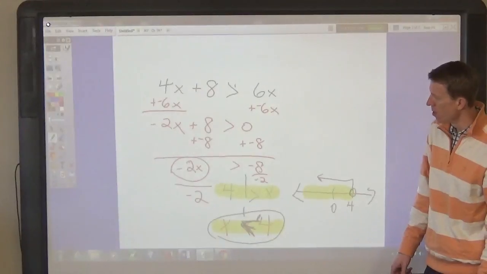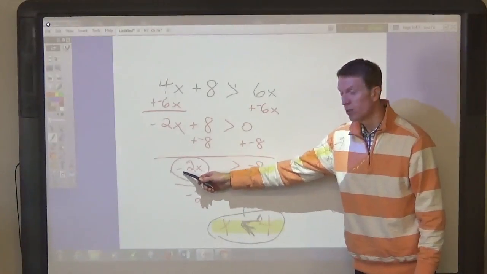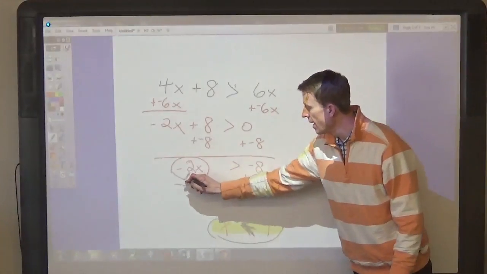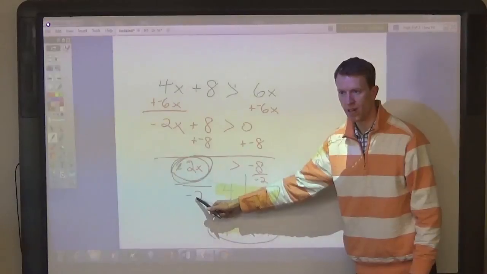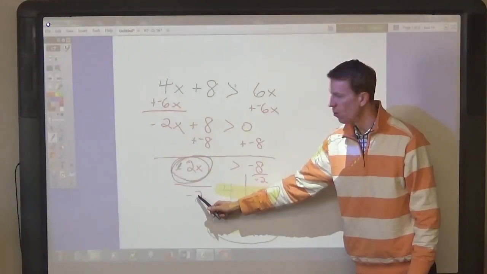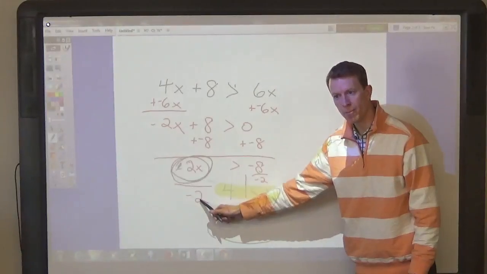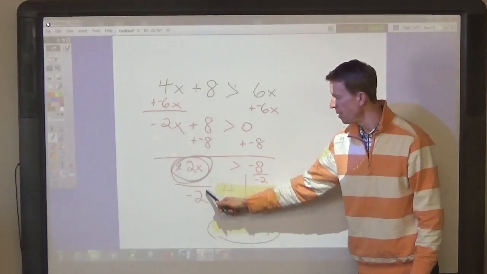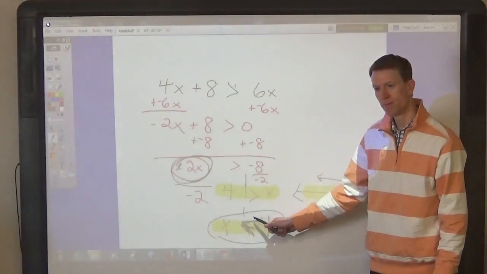If the last step of the problem is to divide by a negative number, because the coefficient is negative, then you have to reverse the sign.